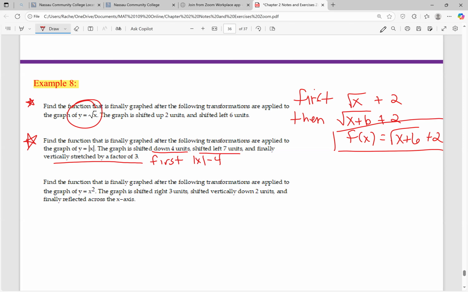Then we need to shift the graph left 7 units. So then we have to make the inside change, right? So we're going to go left 7 units. So we have to add 7 to x. So we're going to have the absolute value of x plus 7 minus 4. And then finally, we're going to vertically stretch the graph by a factor of 3.